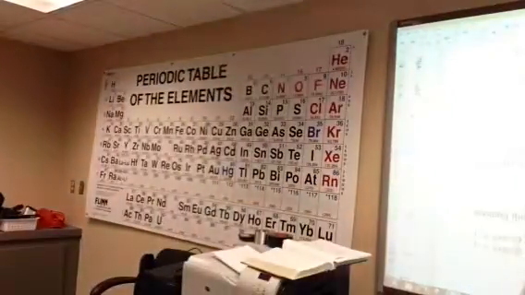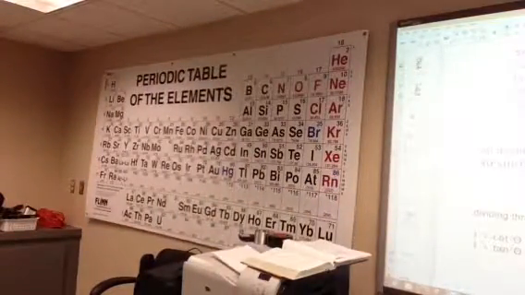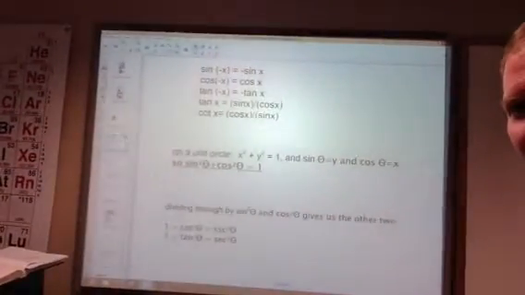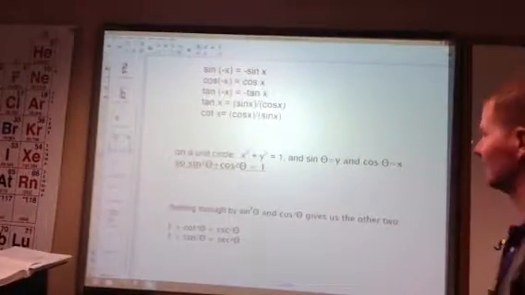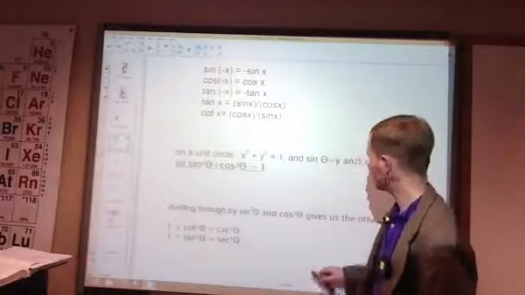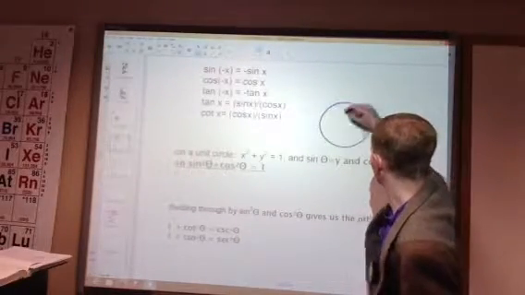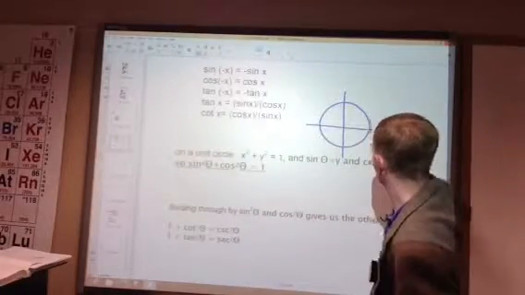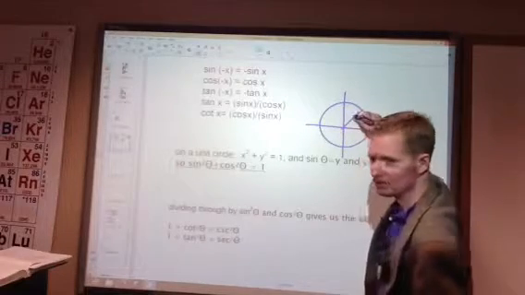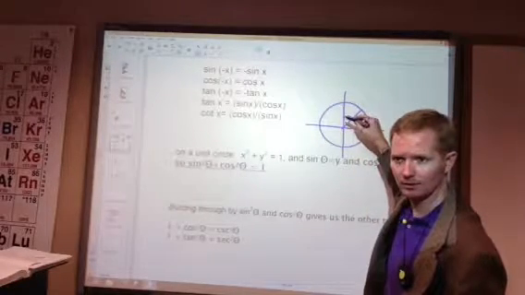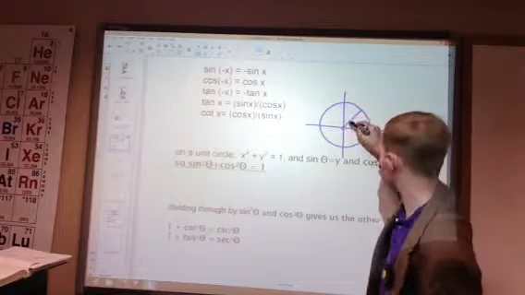Now, the other parts of it have to do with Pythagorean identities. I don't know why my stand isn't working here. Think about the unit circle. We've got our unit circle here, and I've got my radius of what? What's the radius on the unit circle? 1.